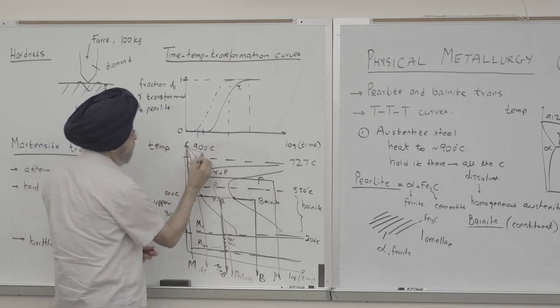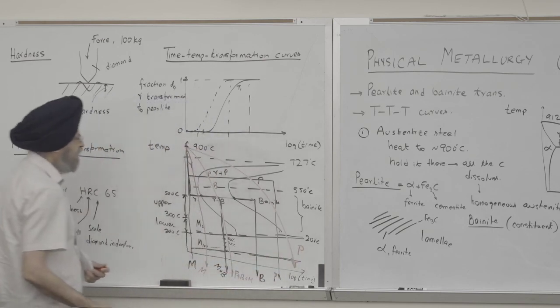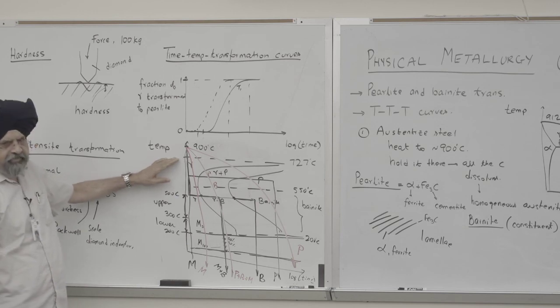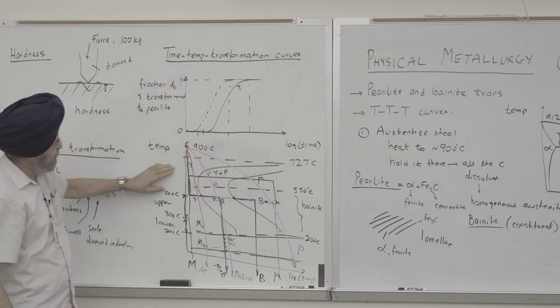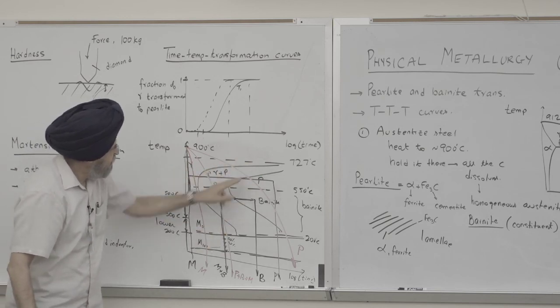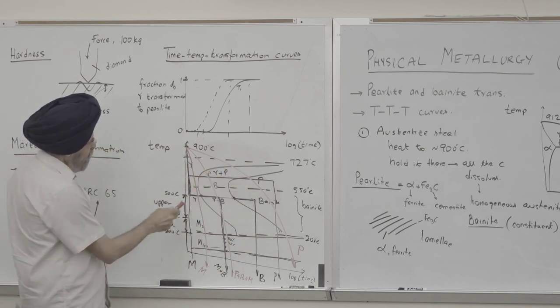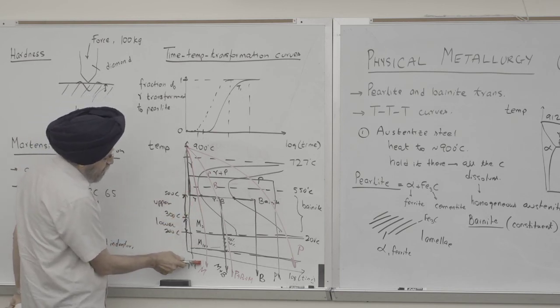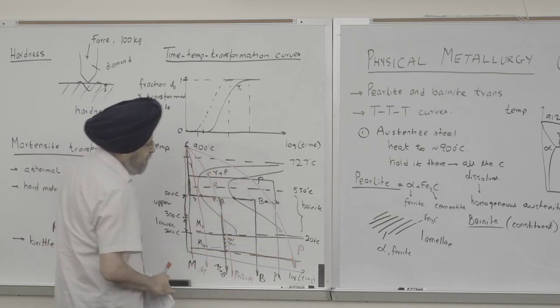If I go like this, then I get all pearlite, right? So you can see the power of the time temperature transformation curves. Each steel has its own curve. From that, you can know how fast you need to cool to get all martensite, or how slowly you need to cool to get all pearlite.